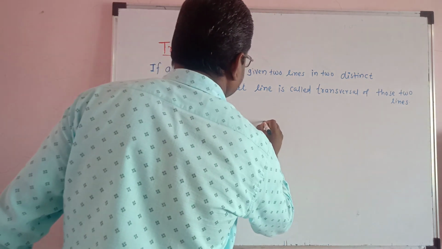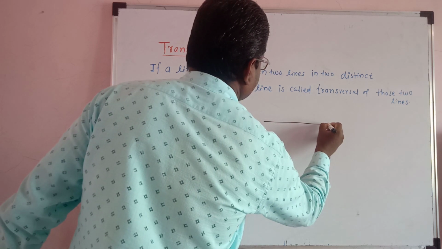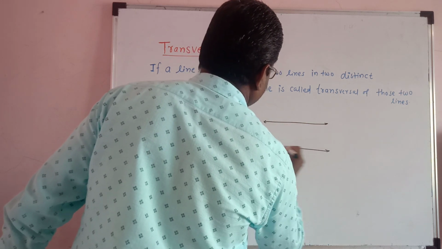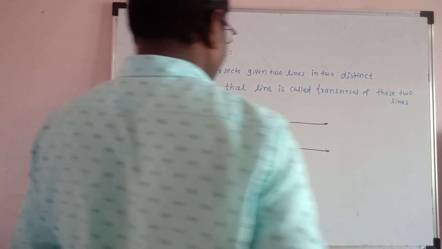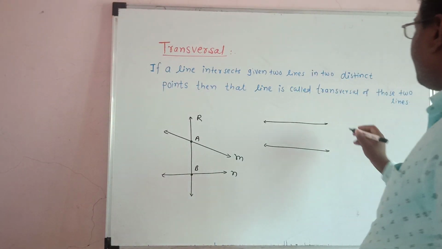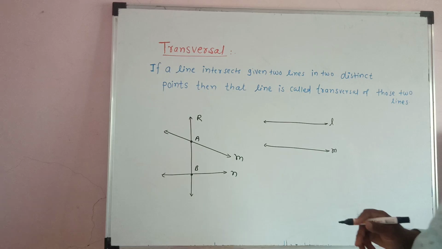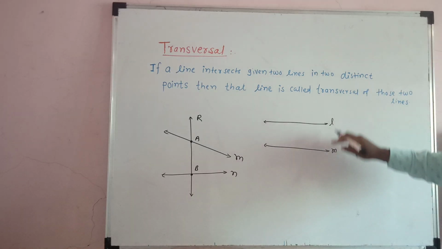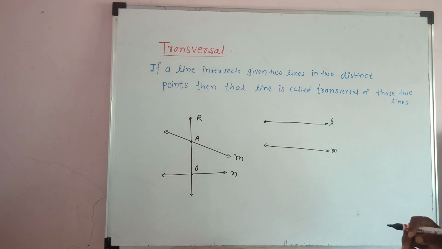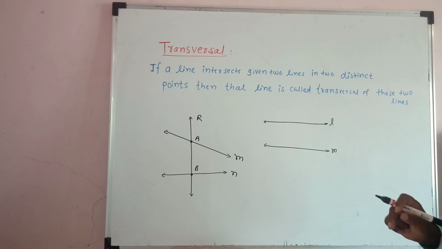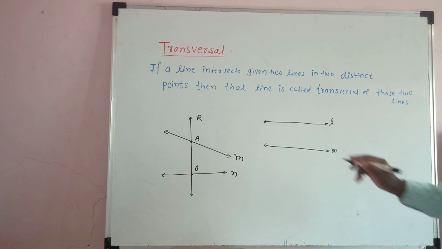Now consider another two lines. Suppose these lines are L and M. Now these lines are parallel to each other. These two lines are not intersecting lines.